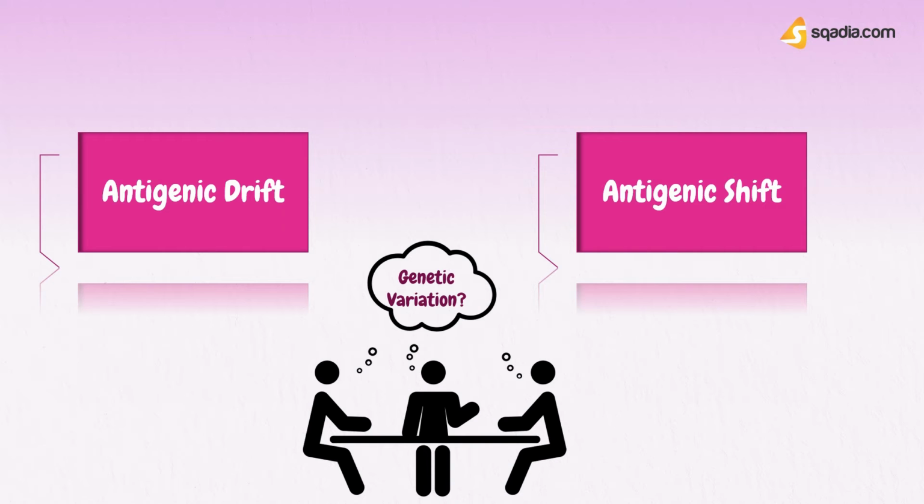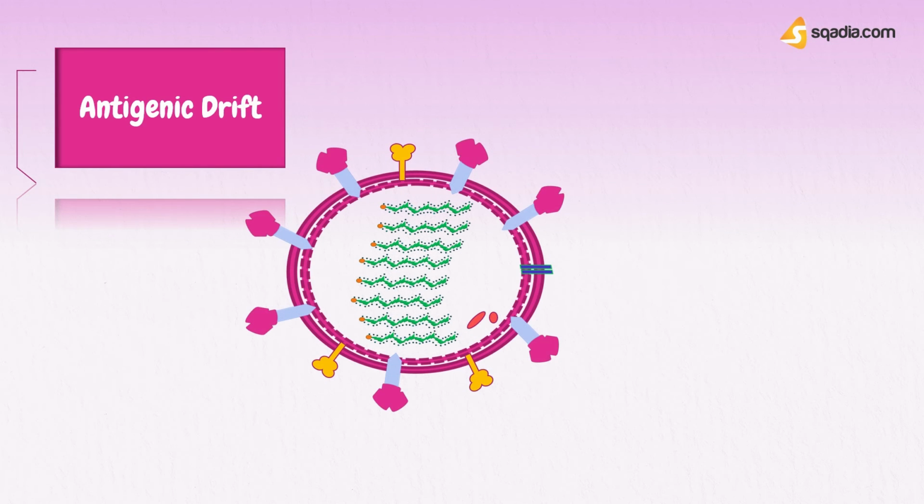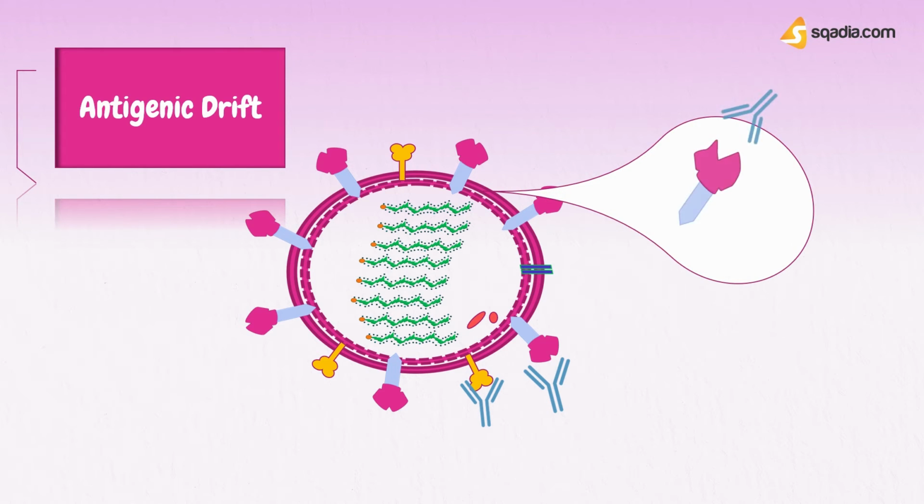In antigenic drift, point mutations take place, altering the epitope of the antigen, which means that the site where the antibodies bind with the antigen is different. This results in the inability of existing antibodies to attach to the virus, thus causing infection to spread as antibodies are unable to recognize and fight off the virus.